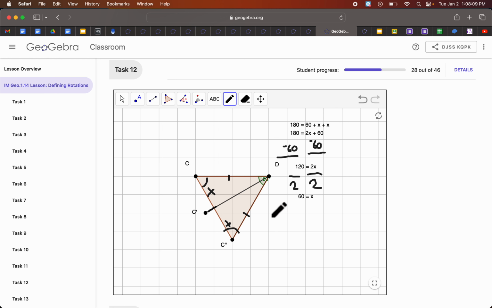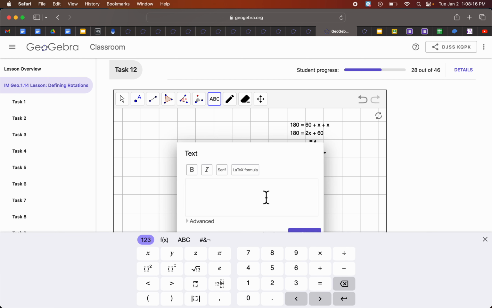So we have not only a triangle that is equiangular, we also have a triangle that is equilateral. This is equal angles, not angels, and this one is equal sides.